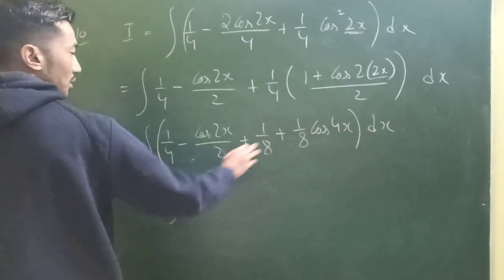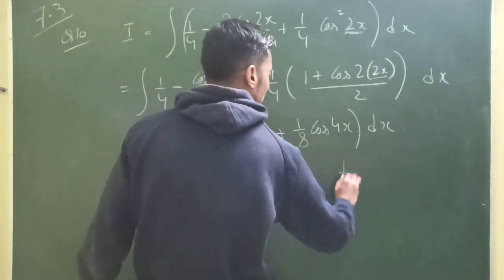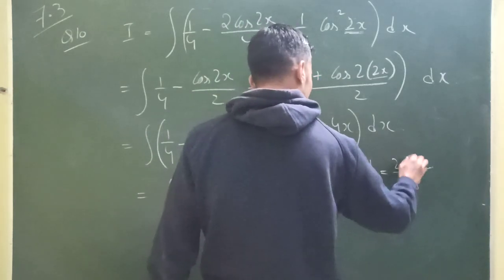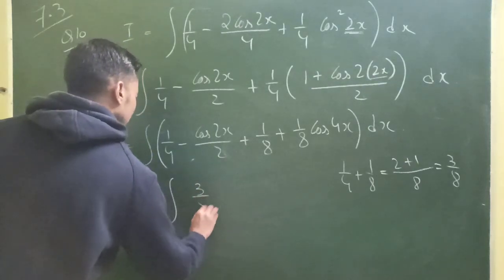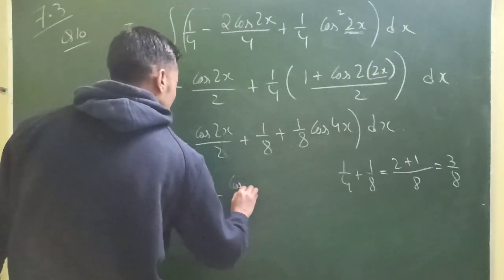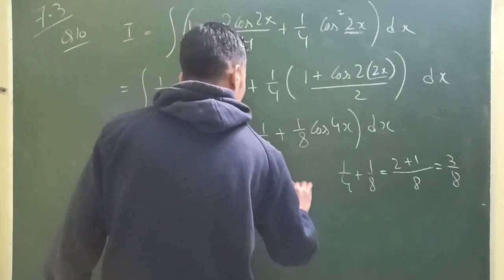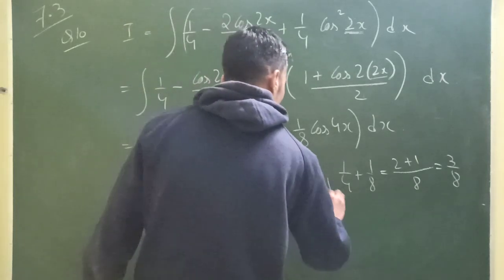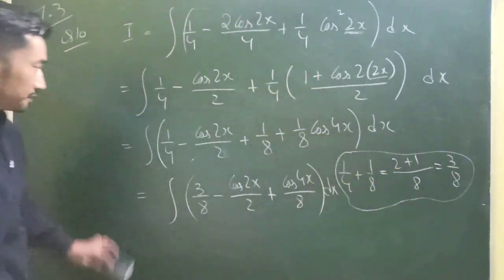Okay, now 1 by 4 and 1 by 8 I'll just solve here. So I'll just simplify 1 by 4 plus 1 by 8. What will it be? LCM will be 8, 4 2s are 8 plus 1, that's of course going to be 3 by 8. So 3 by 8 minus cos 2x by 2 plus cos 4x by 8 with respect to x.